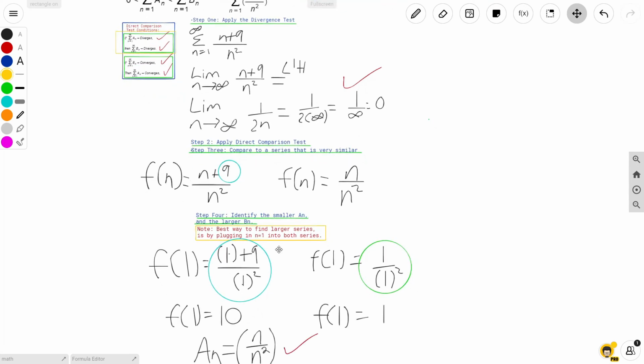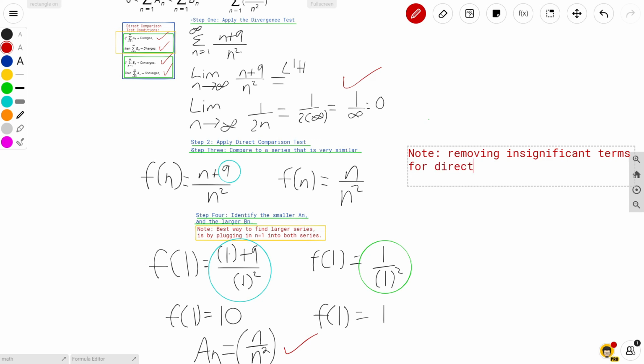So we compare the series to a very similar series, which we did here. And how do we do that? I'll leave a note right here. We do that by removing insignificant terms for the direct comparison test. So that's how we do that.